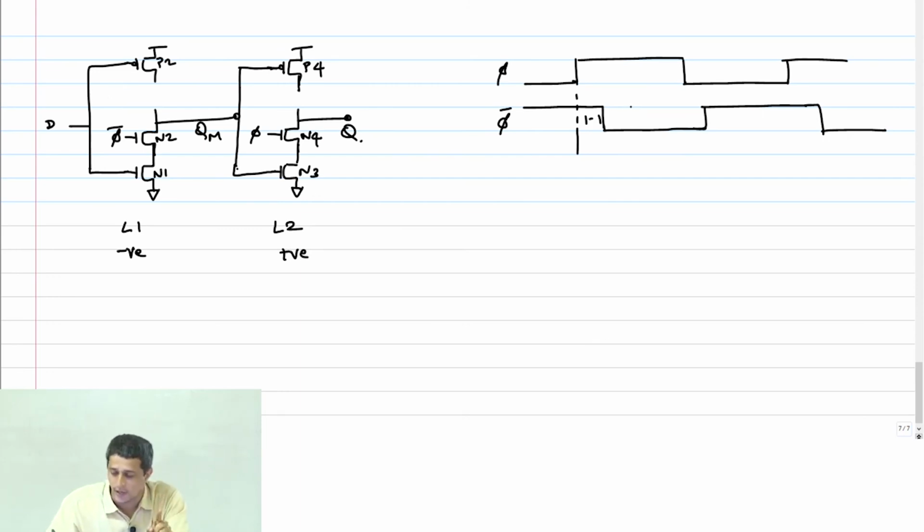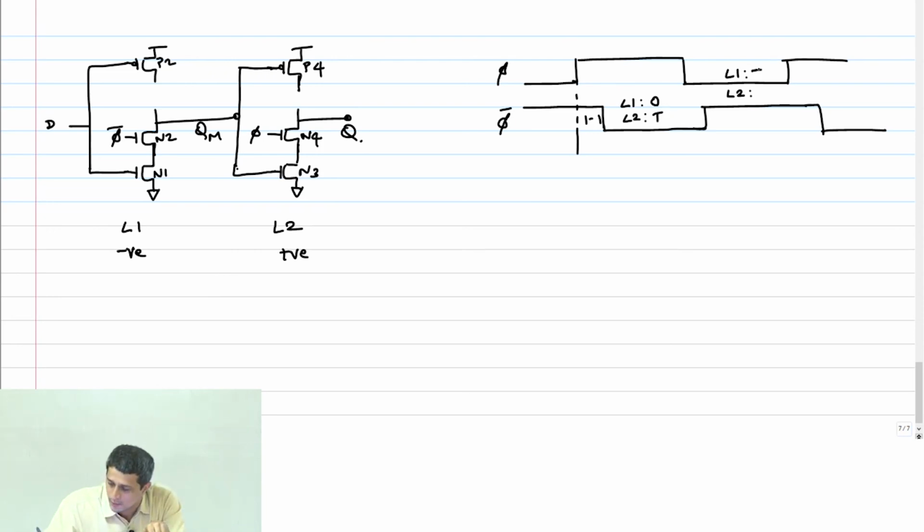Now what is the condition that I have to analyze first of all? Okay, before that, tell me, after the overlap period, which latch is in which mode? This is L1 and L2. After the overlap is done, it's a positive edge triggered flop. Therefore, L1 has to be in opaque mode and this will be in transparent mode.